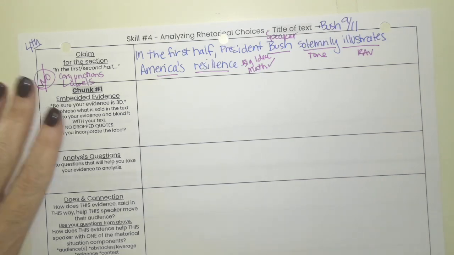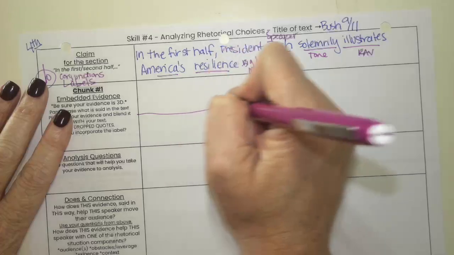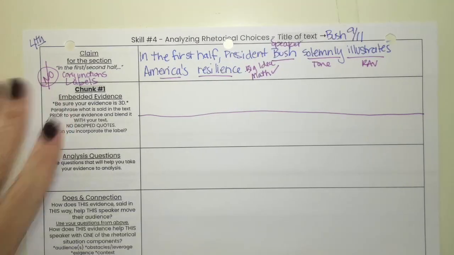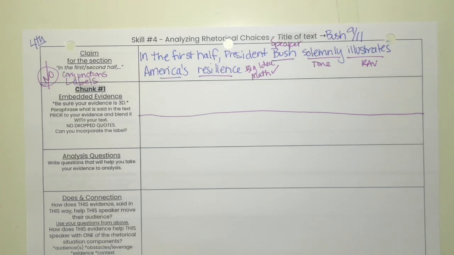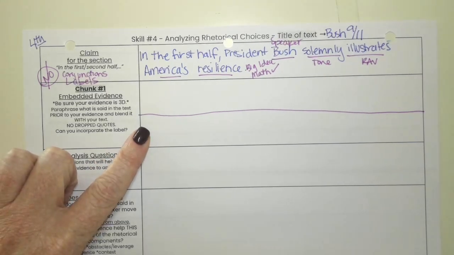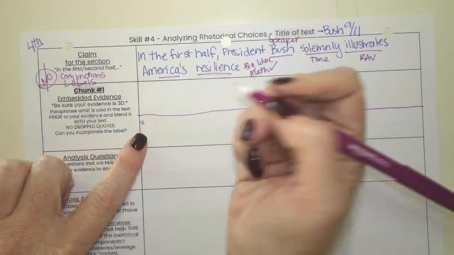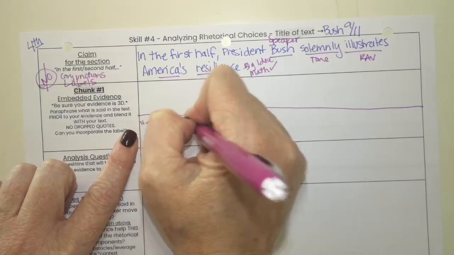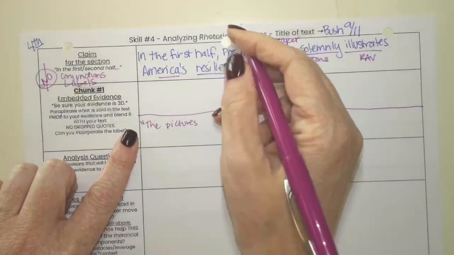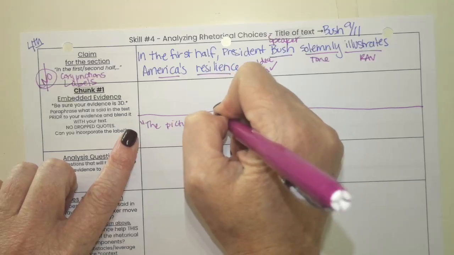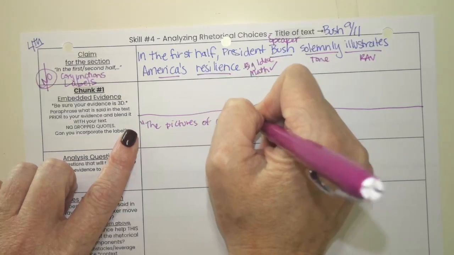So I'm going to divide this in half because I think it's easier to show you how to make things work together. On this bottom half down here, I'm going to write, and this is why I told us to write the full quote, the full quote down in the bottom. This is y'all's, right? The pictures of airplanes? Yeah. Okay.